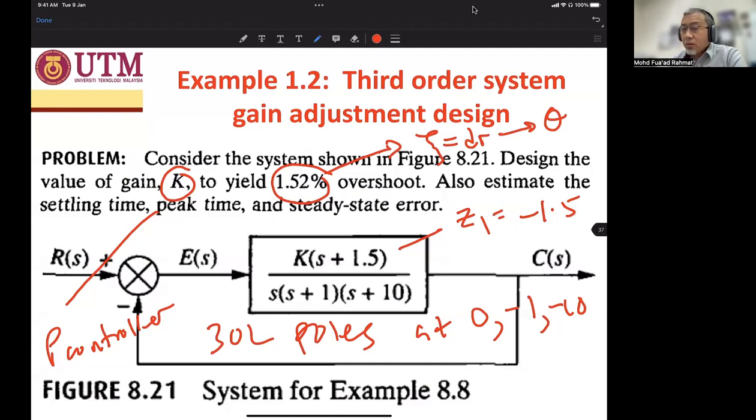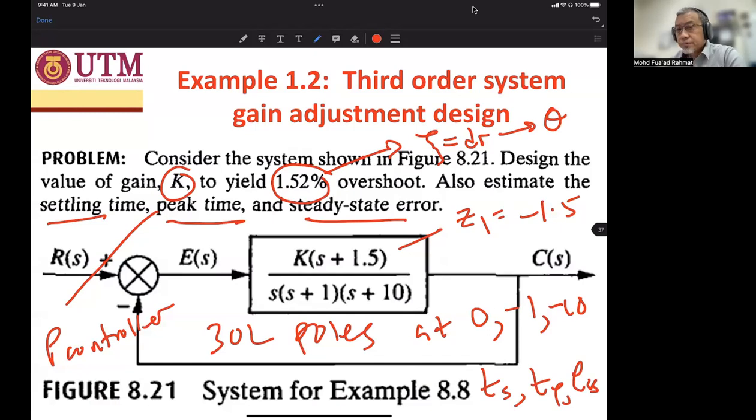From there, we will achieve a dominant pole. We also estimate the settling time, the peak time, and the steady state error. That is typical for this kind of question: Ts, Tp, and Ess.